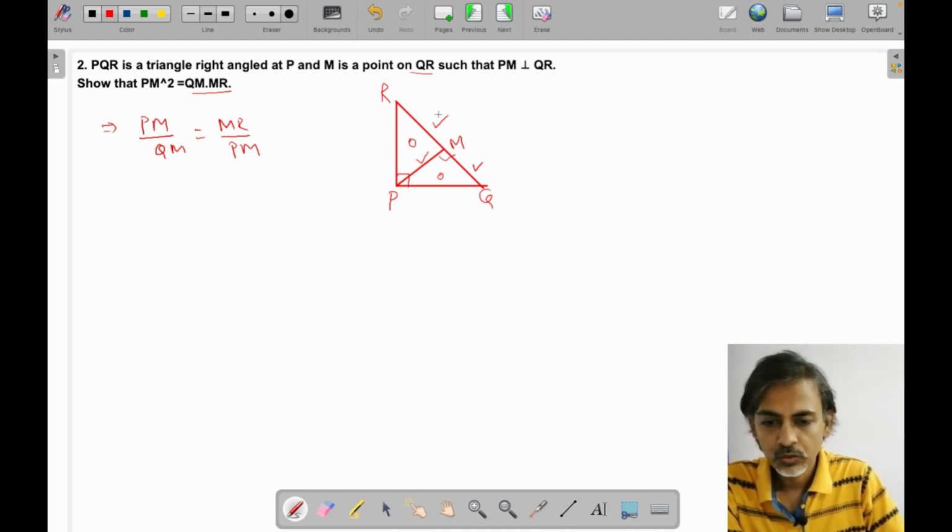triangles. So we have learned that if there is a right angle triangle and we draw a perpendicular like this, then what we get is this triangle is similar to the bigger triangle. This smaller triangle is similar to the bigger triangle, as well as these two smaller triangles are also similar. That is what we have learned earlier.